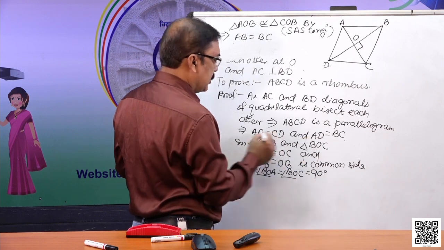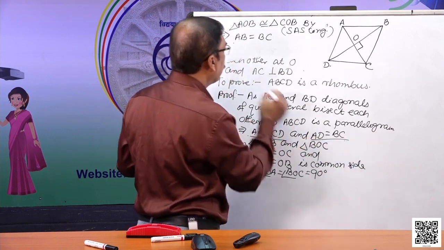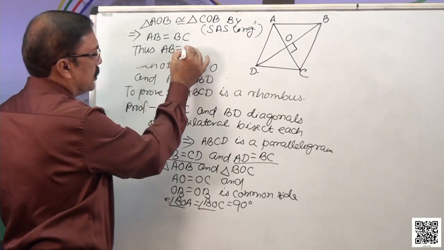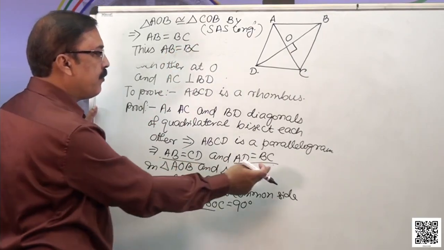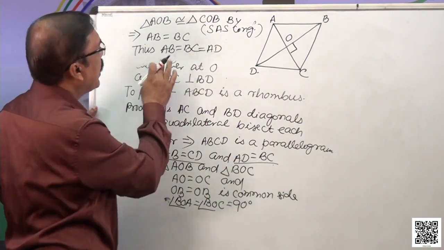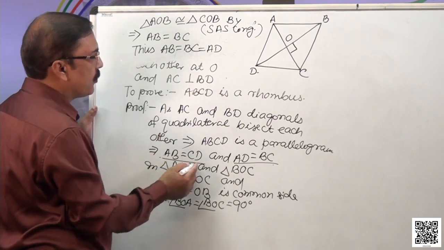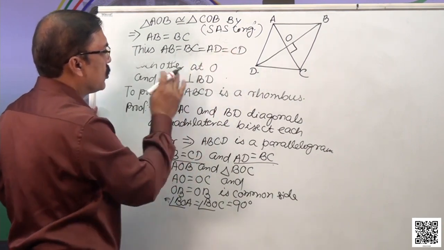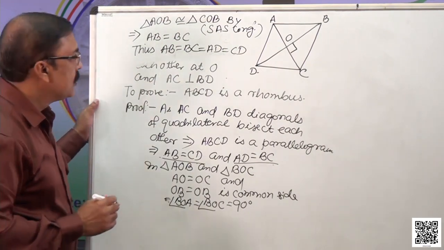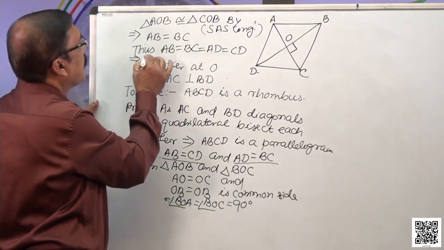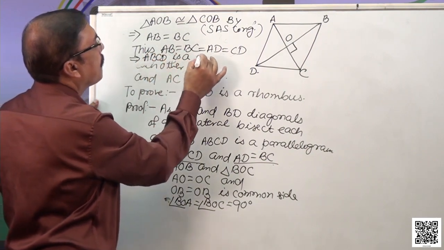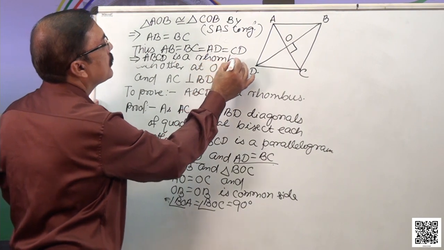From these three we conclude that AB is equal to BC, BC equal to AD, and AB is equal to CD. So as all four sides of the quadrilateral are equal, ABCD is a rhombus.